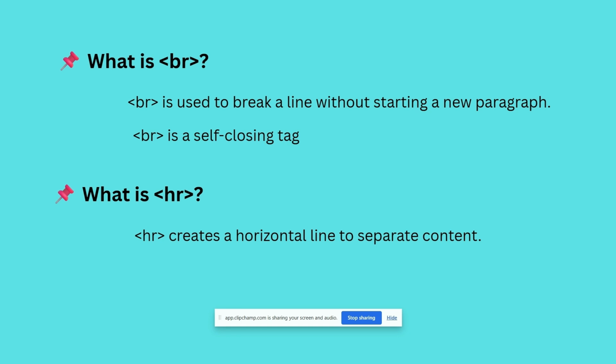It is very useful for an address or short lines. Most important, the BR tag is a self closing tag. We don't need to write a separate closing tag for BR. Then HR is also a self closing tag. As we've seen before, the paragraph has one opening tag and one closing tag, and BR and HR are self closing tags.